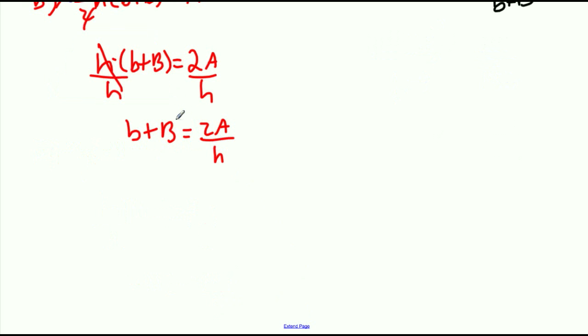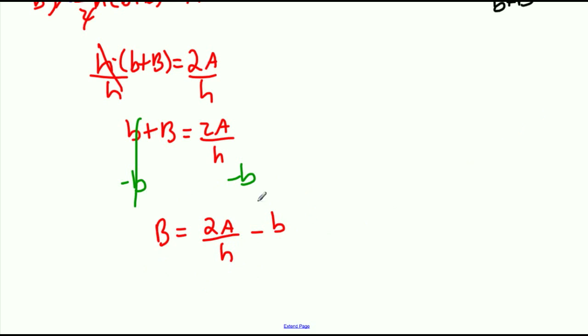And my last step, to solve for B, is to subtract b on both sides, because it's being added right now. So then I would get B equals 2A over h minus b.